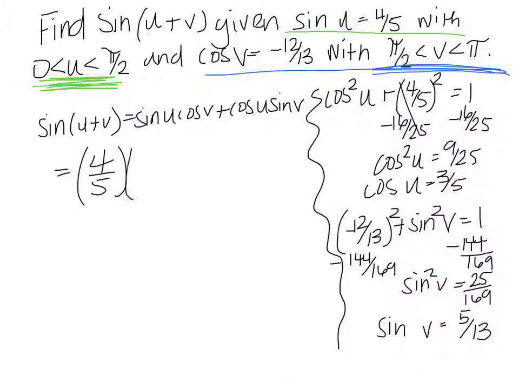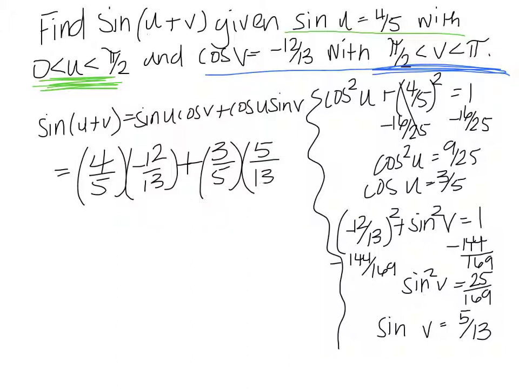What's the cosine of V? Negative 12/13. Plus, what's the cosine of U? 3/5. Times, what's the sine of V? 5/13. You can type that whole long string into your calculator. I'm going to go ahead and give you the answer for the sake of time. We get negative 33 over 65.